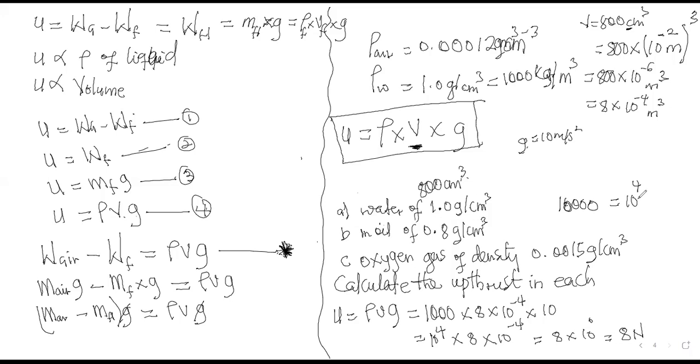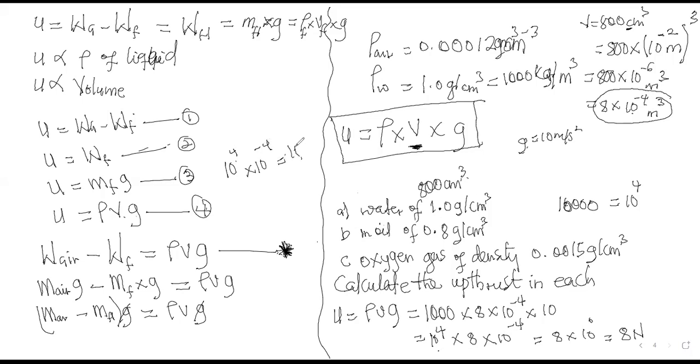Okay. So before you were solving the question, we use 10 to the power negative 4. You see, when I converted the volume, I had 8 times 10 to the power negative 4. So that is the volume. Then the density and gravity gave me 10 to the power 4. So it's like having 10 to the power 4 times 10 to the power negative 4.